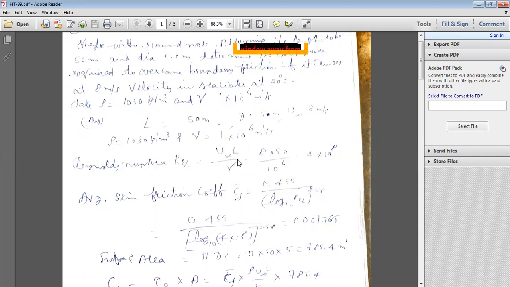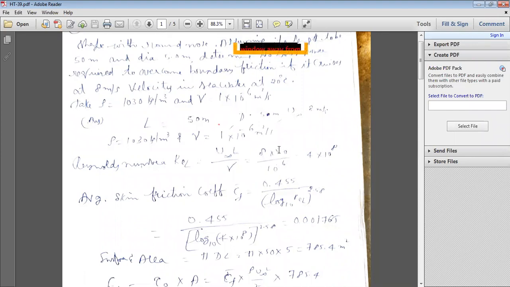Reynolds number is velocity into length divided by kinematic viscosity, that is, velocity into L divided by nu, the Greek letter nu, kinematic viscosity. So that is equal to velocity 8 into length of the submarine 50 meters, divided by kinematic viscosity 1 into 10 power minus 6.